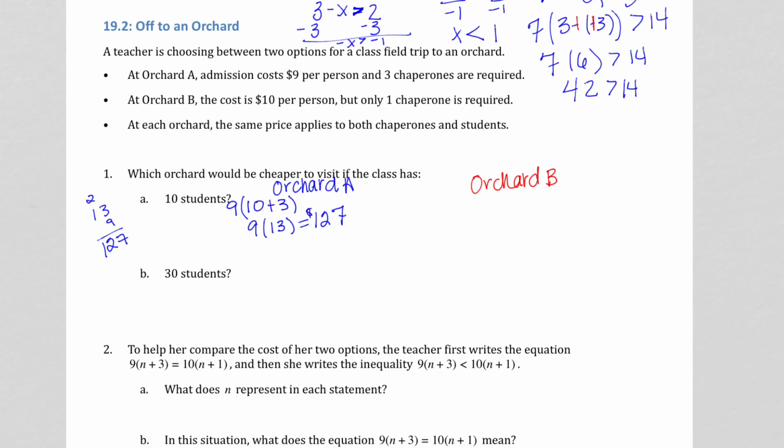Orchard B, only 1 chaperone is needed, so we're going to have 10 students plus 1 chaperone. We're going to times it by 10. So we have 10 times 11 is 110. So which one was cheaper? Orchard B, because we have 127 and 110. So we would want to go to Orchard B if we only had 10 students.